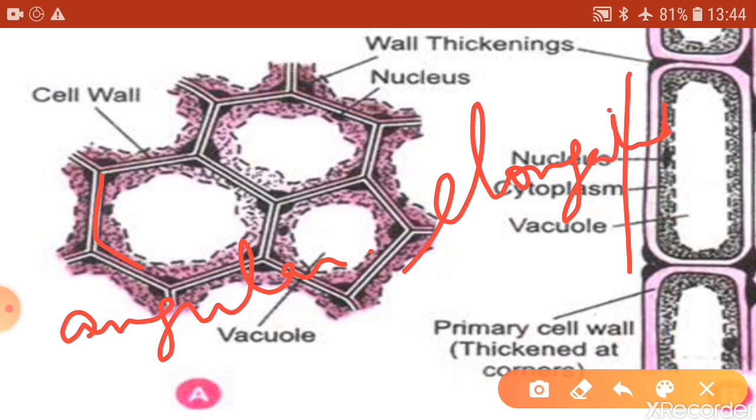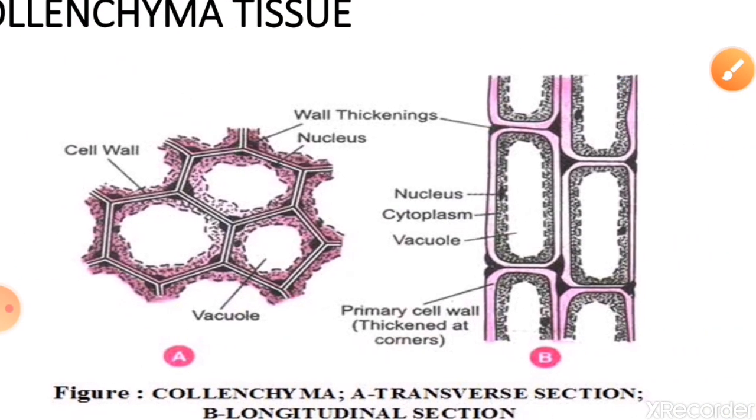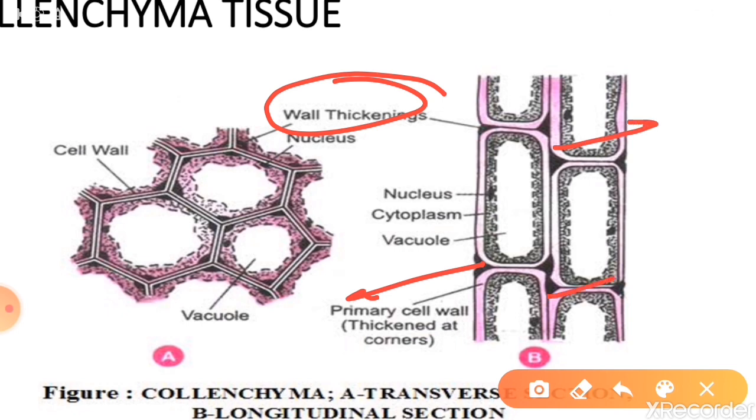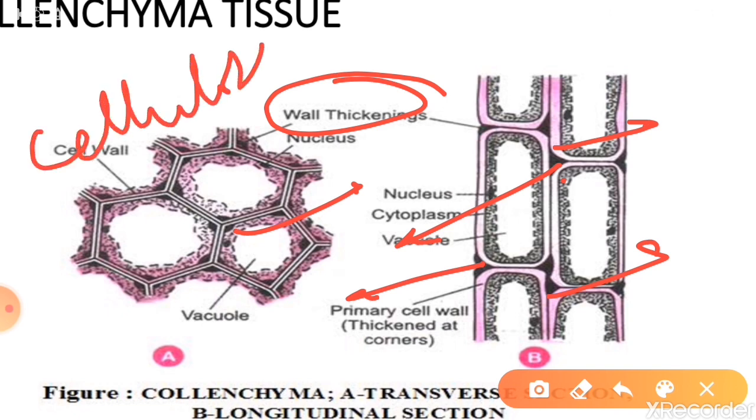Now coming to the wall thickenings, the cell wall of collenchyma tissue is irregularly thickened at the corners. So it's not uniform thickening. At the corners the wall is irregularly thickened, and this thickening at the corners is due to the deposition of cellulose and pectin.